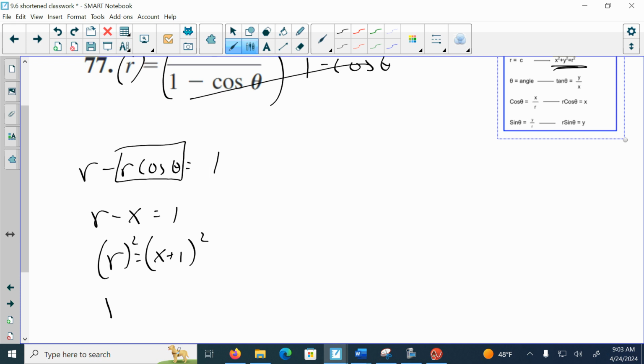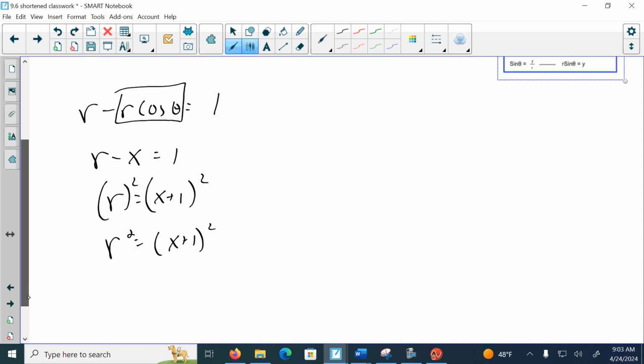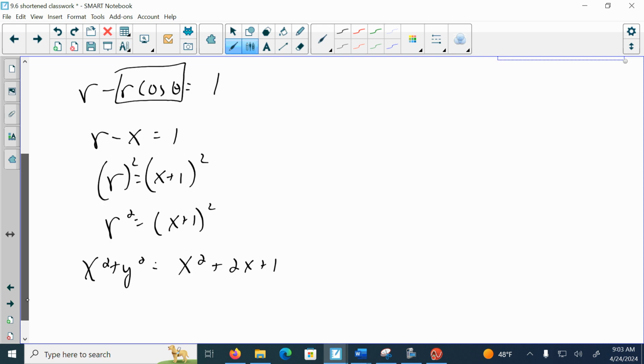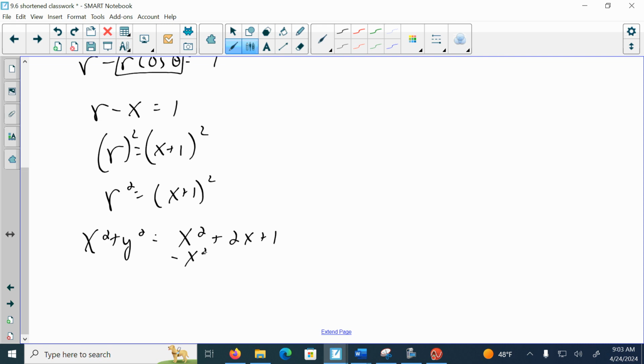So I'm going to have r squared is equal to x plus 1 squared. Now this r squared is going to be x squared plus y squared. And when I square this, I'm going to have x squared, FOILing, plus 2x plus 1. Now I'm going to subtract x squared from both sides, and I have y squared is equal to 2x plus 1.